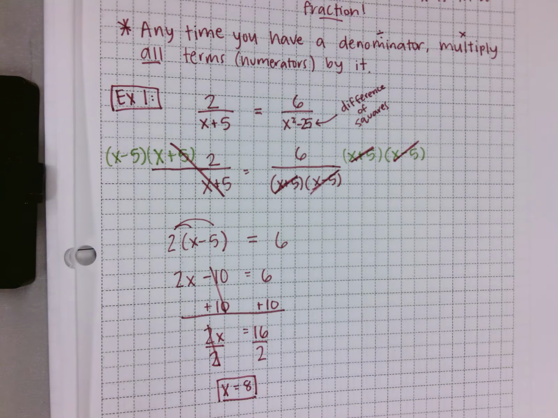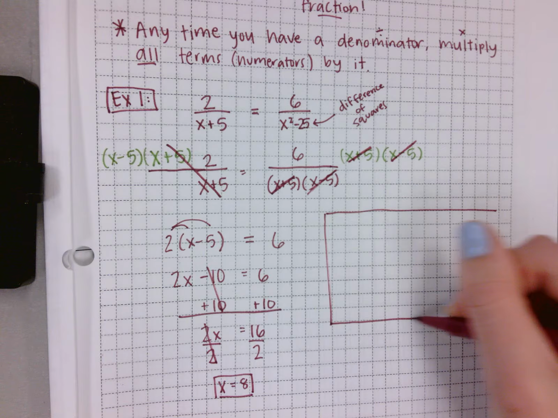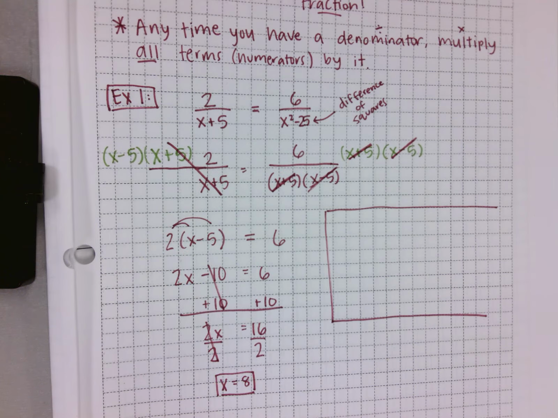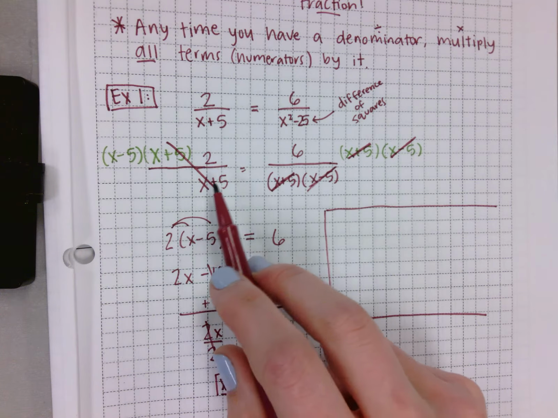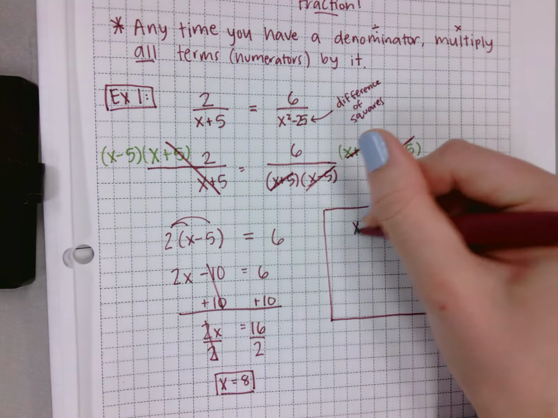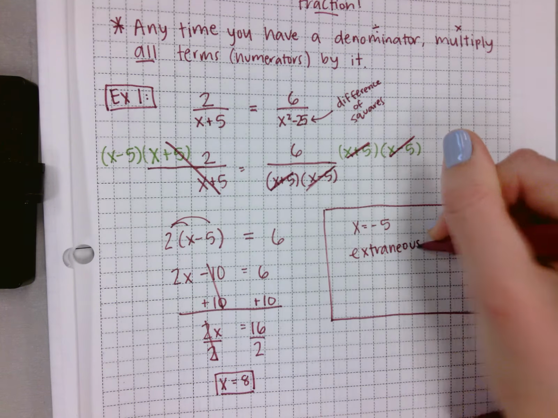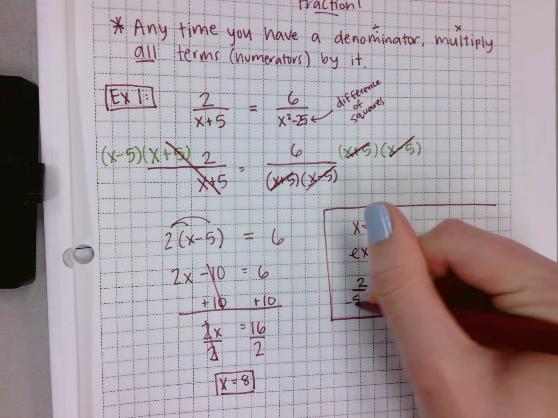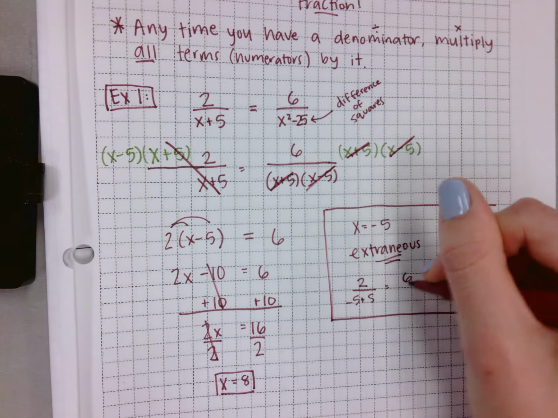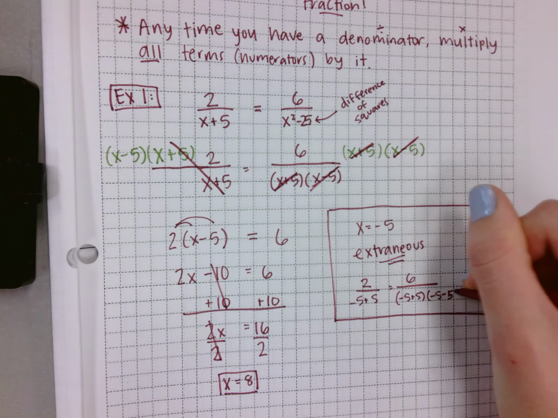This method is canceling out any extraneous solution, so this is kind of a little piece of extra information. Right, if I had something that would make both of my denominators equal to 0, that could be an extraneous solution. So since they both had this x plus 5 in the bottom, if I had x equals negative 5, that would be my extraneous solution, because I would end up with 2 over negative 5 plus 5 equals 6 over negative 5 plus 5, negative 5 minus 5.